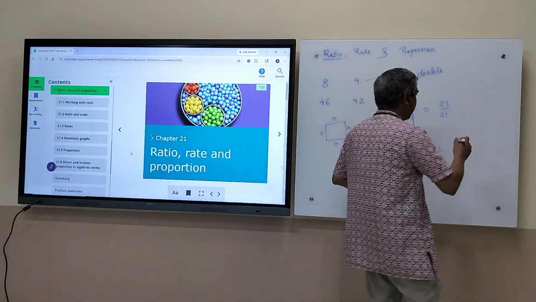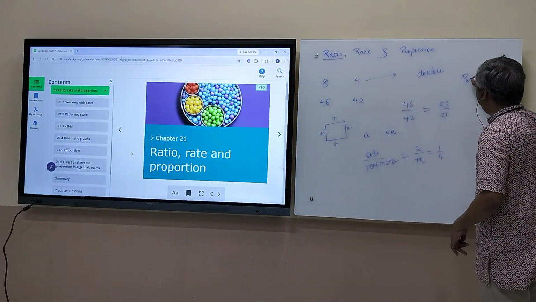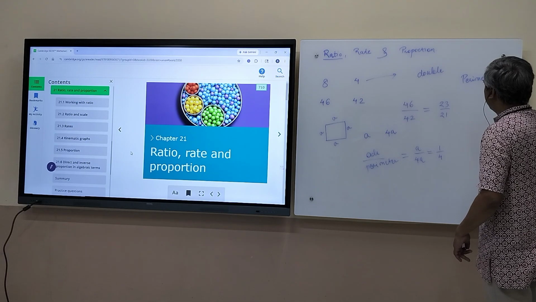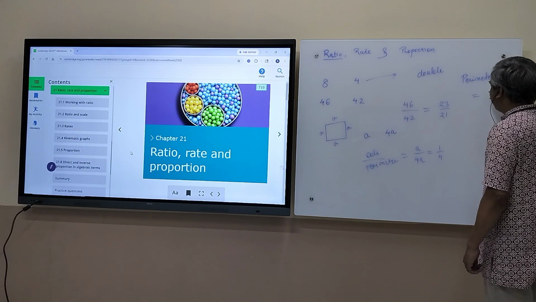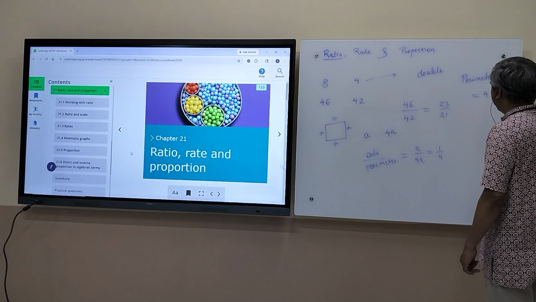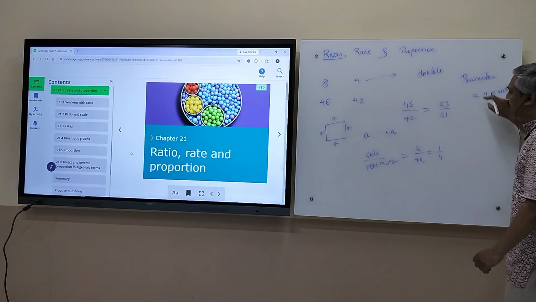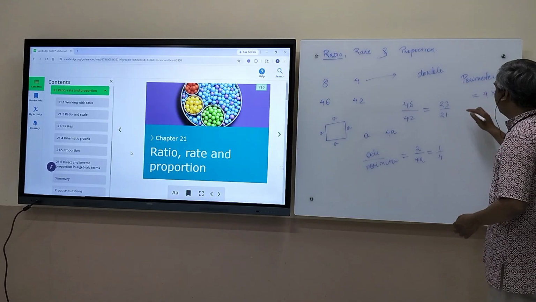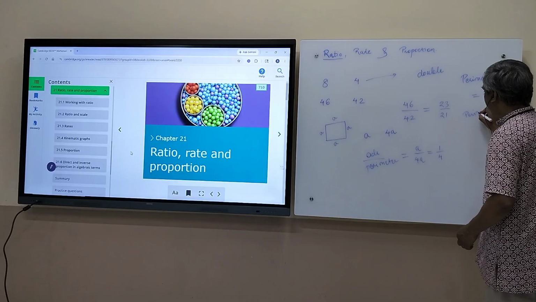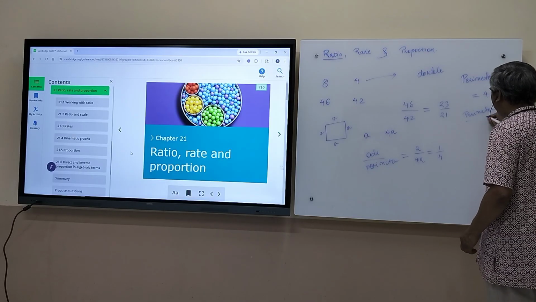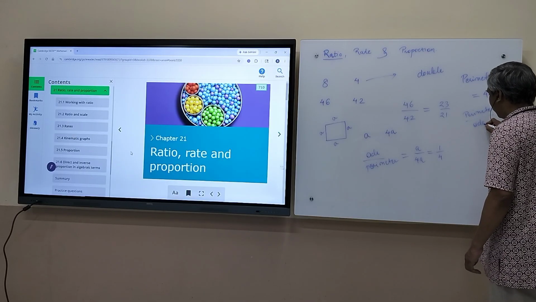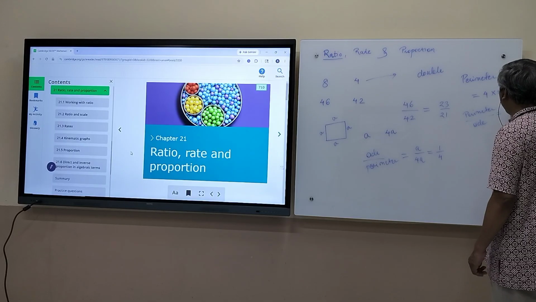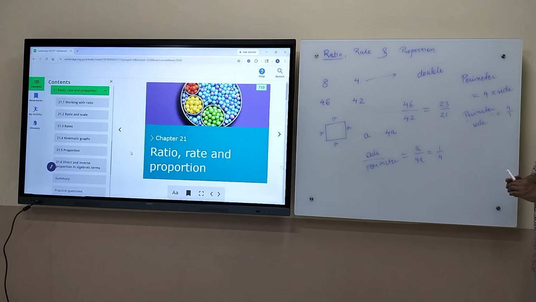Like we will say the perimeter is always 4 times the side. So 4 into side. How do we get this? We get this because the perimeter divided by the side of the square is equal to 4 upon 1. This 4 upon 1 has come as the ratio of perimeter to side.